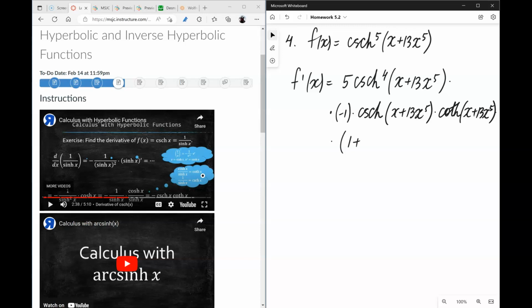So 5 times 13 is 65, x to the power 4. Just like before, we can combine these powers of cosecant and bring the negative 1 to the front.